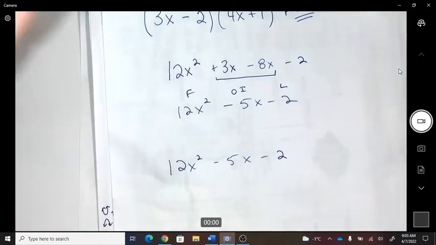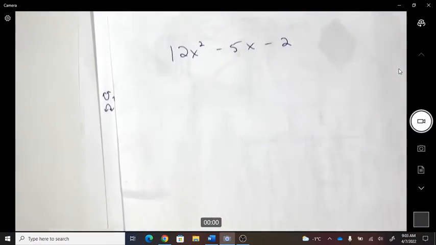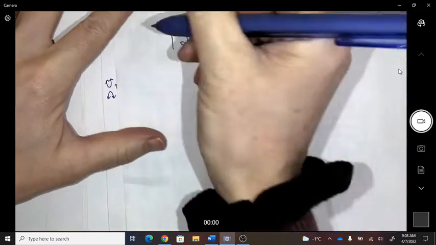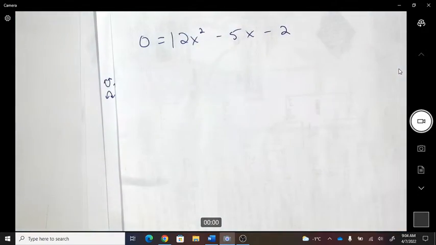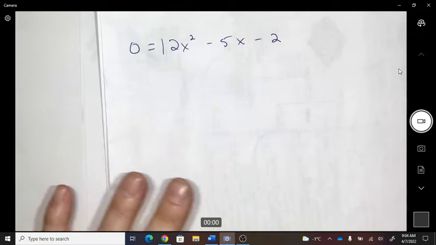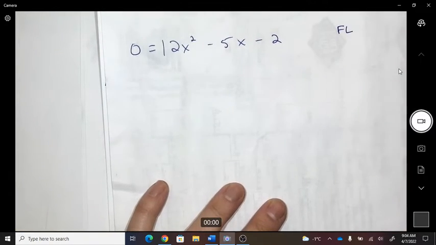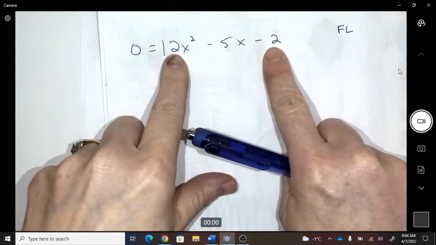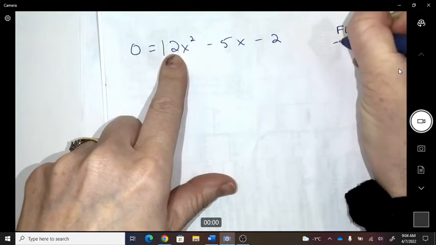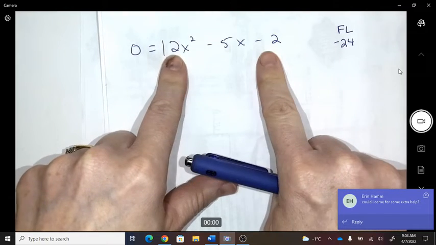So this is what we're going to do today. Remember the goal was that we always wanted it to make y 0. Okay, step 1. I call this the FLA. So I'm going to take the first times the last, and I'm going to write negative 24.